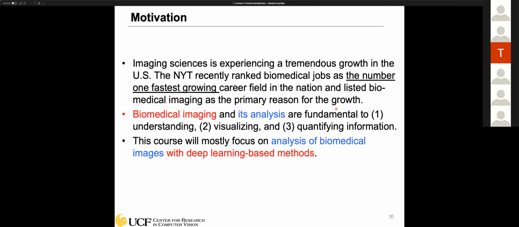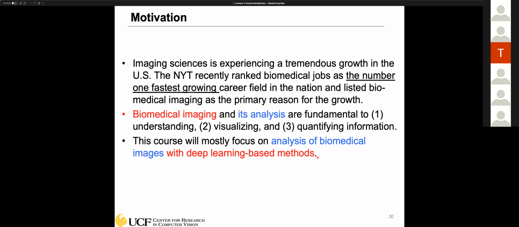One is understanding and visualizing: physicians visualize those MRI scans and CT scans and make diagnoses based on those images. And we can also use AI or machine learning techniques to quantify some of the information, to help the physician easily reach a conclusion. That's what this is aiming for: developing AI or machine learning techniques that can automate this kind of analysis process.